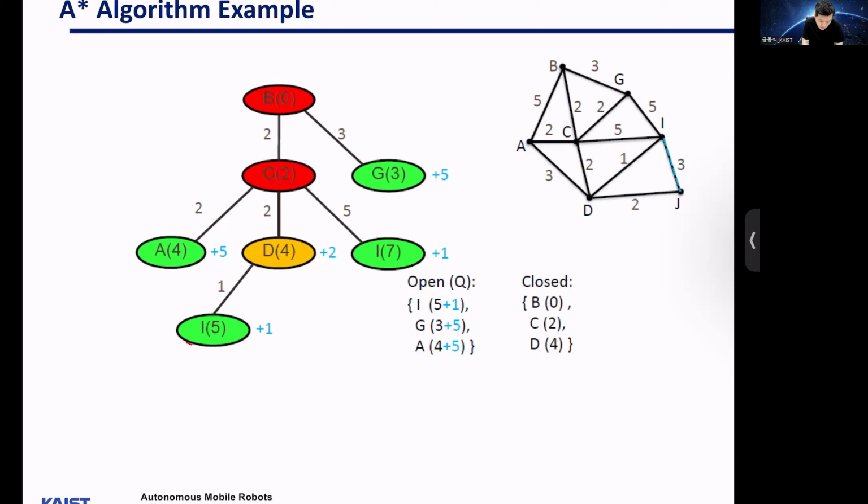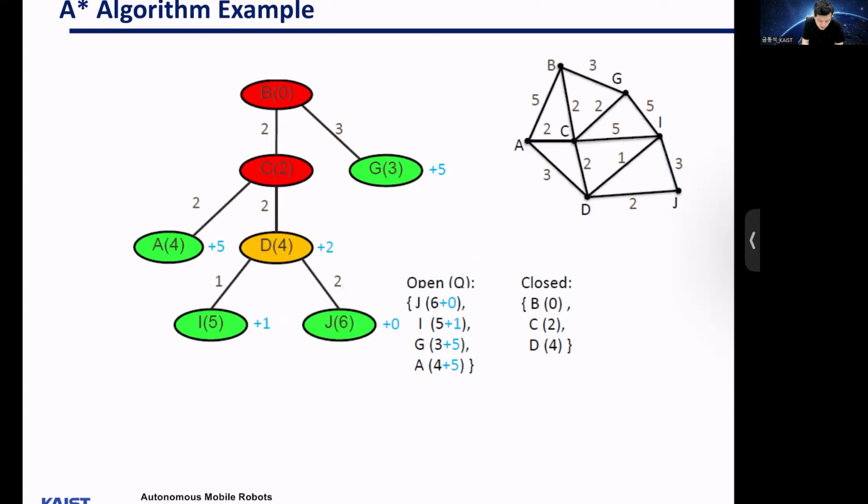But we can go to I, and we can compare that one with this path, which we can remove, and then we can go to J6, finally the goal.